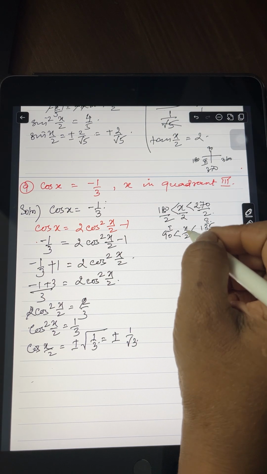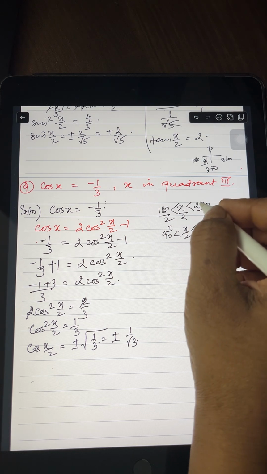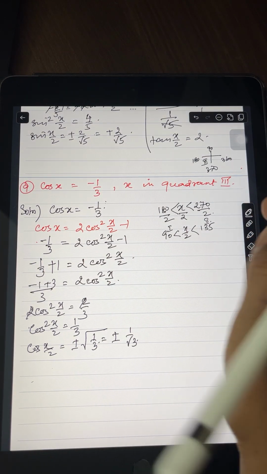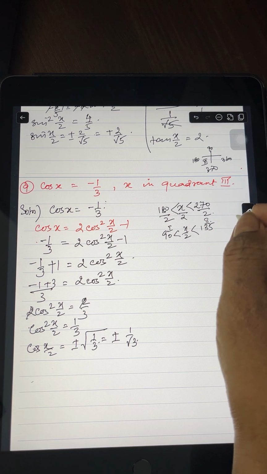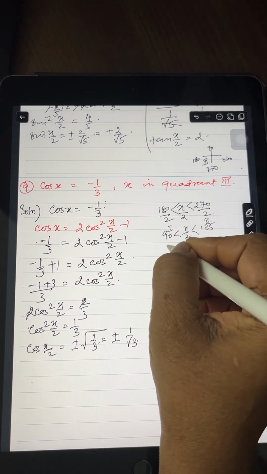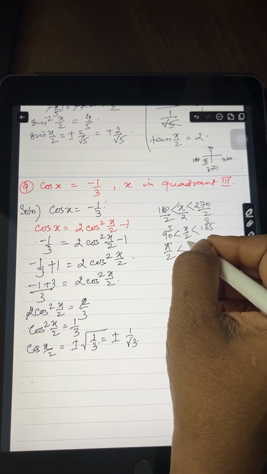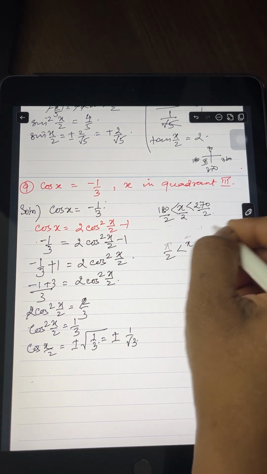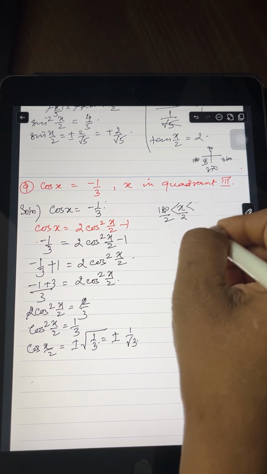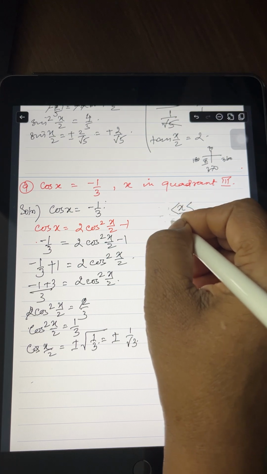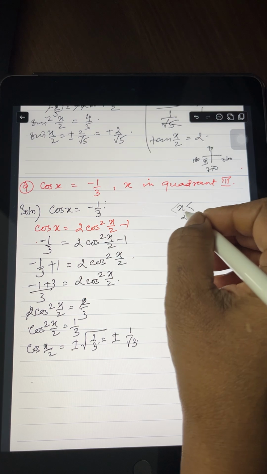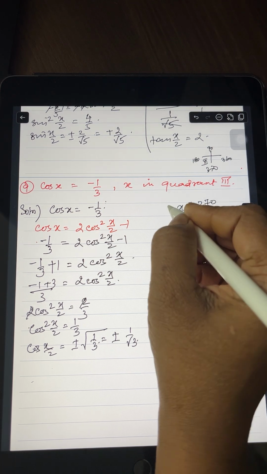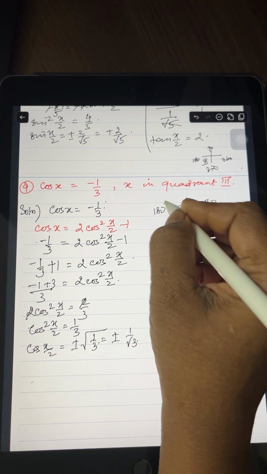So x by 2 is in which quadrant? What I'll do is explain it even more clearly. X is in third quadrant, so x is greater than 180 and less than 270.